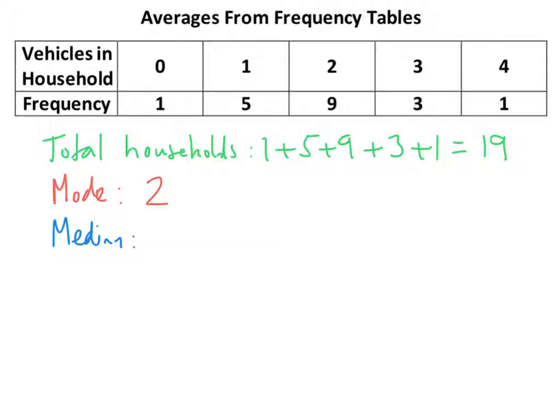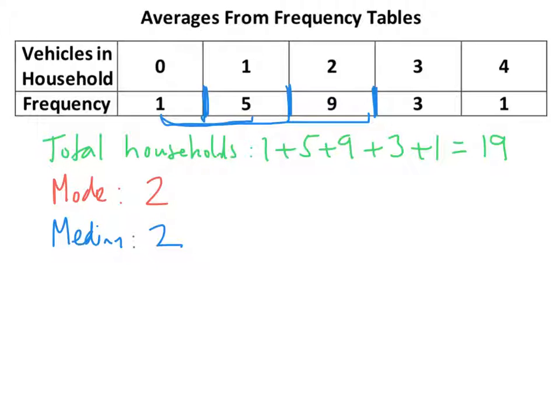Up to this point I've got 1 bit of data. Up to this point I've got 6 bits of data because it's 1 and 5, and up to this point I've got 15 bits of data because it's 1 add 5 add 9, and therefore the middle piece of data is going to be in the 2 group. Hopefully we're happy with that.